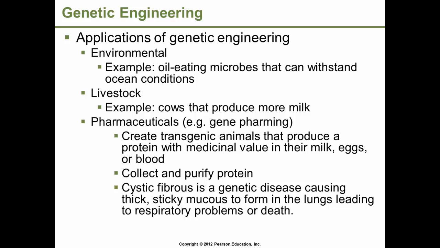This gene farming has been used for cystic fibrosis. Cystic fibrosis is a genetic disease that causes thick, sticky mucus to form in the lungs, leading to respiratory problems or death. So this has been tested as a drug to help prevent cystic fibrosis.